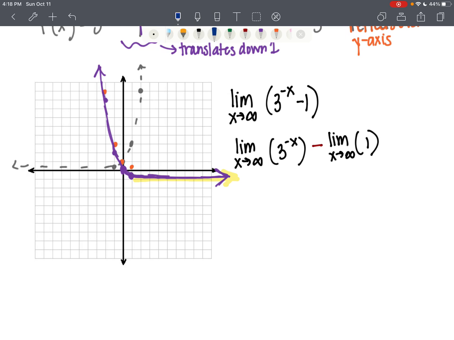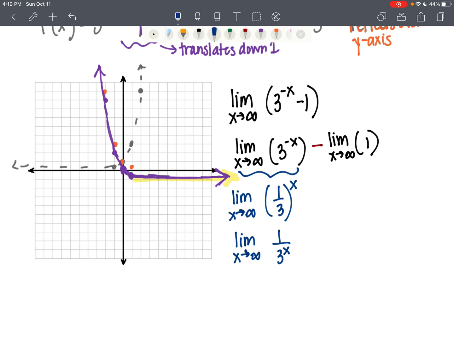So what's happening right here? Well, this is the limit as x approaches infinity of 1/3 raised to the x power, which is the same thing as the limit as x approaches infinity of 1 over 3 to the x. Now, as x gets really, really large, what's going to happen to this denominator?